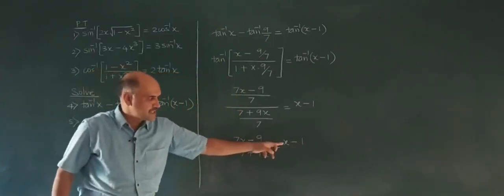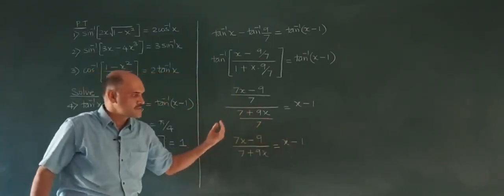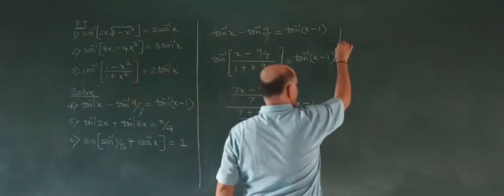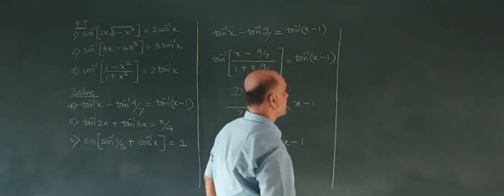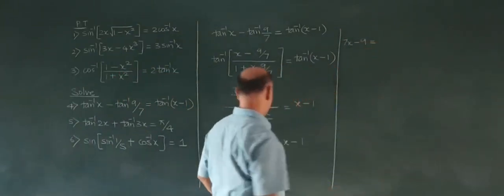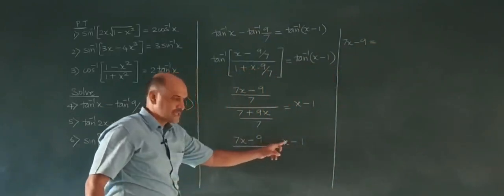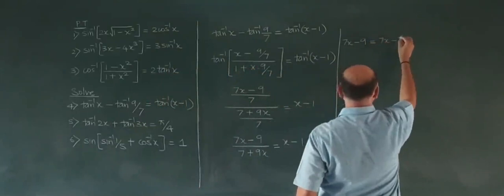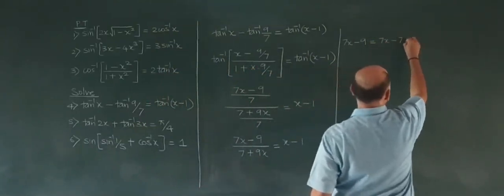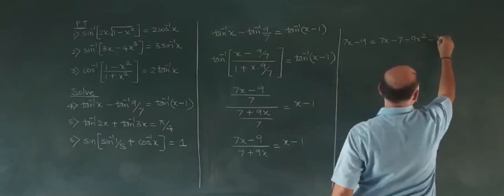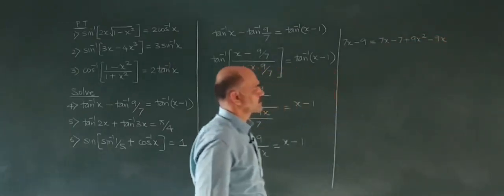Now you cross multiply this, then take all terms to the LHS, you will be having a quadratic equation. So if I cross multiply, 7x minus 9 is equal to, if I multiply this first with 7x minus 7, then plus 9x square minus 9x.